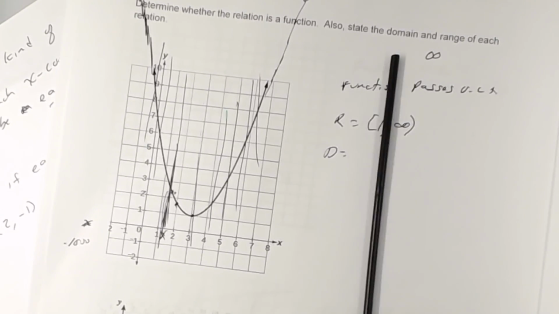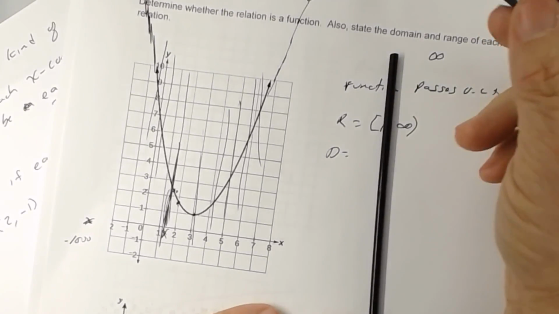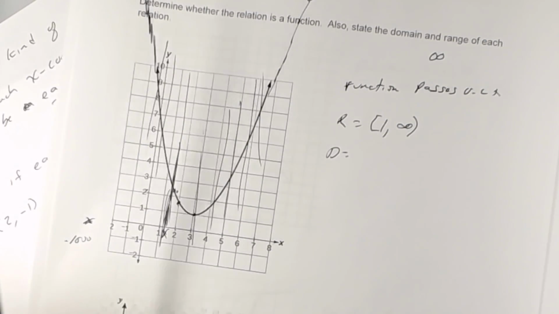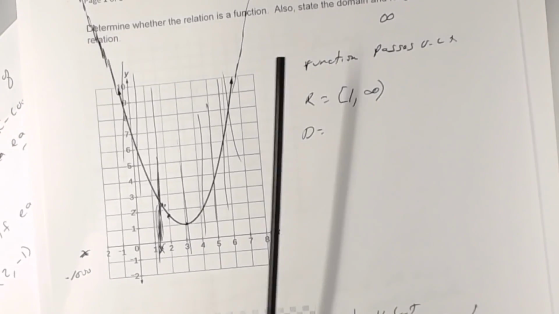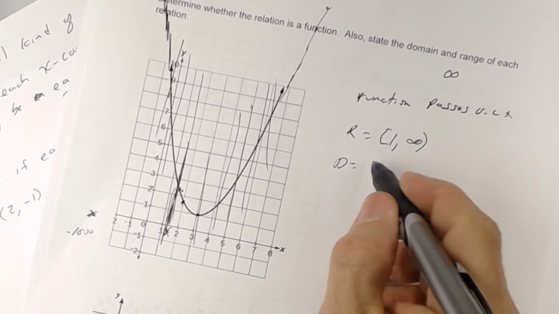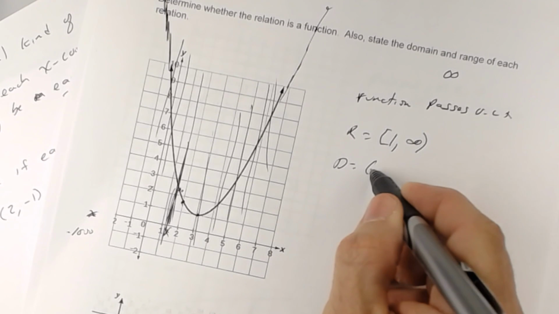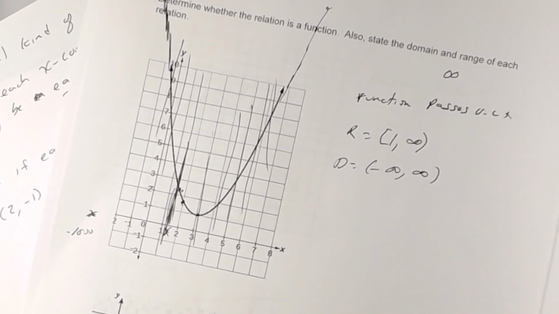Remember, you always go from smallest to largest, from left to right. So you're going from negative infinity all the way to positive infinity. Now remember, infinity, negative infinity, you always use parentheses.